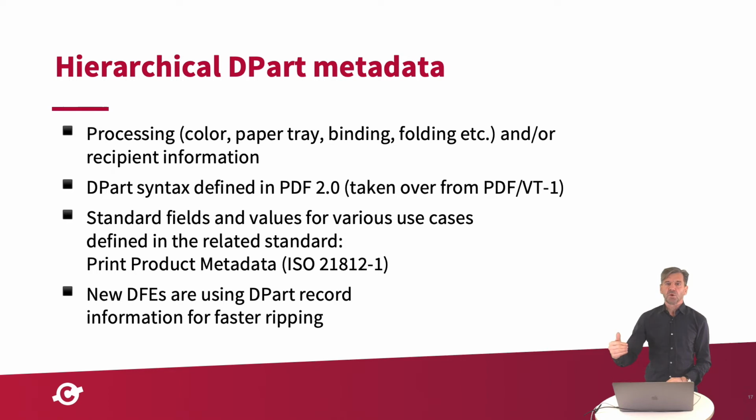So they want to know where a new record starts for optimizing the processing of a PDF file. So when you know this is the structure here, on every, let's say, 4th page, a new invoice starts, then it's easier to identify which parts of the page are static and which ones not. So it becomes important to insert simple DPart structures into a PDF file.